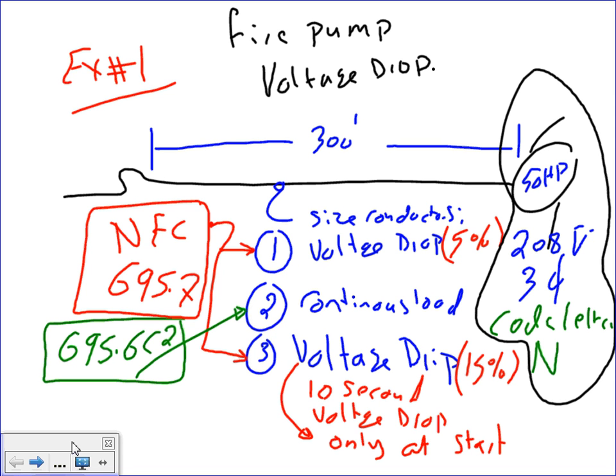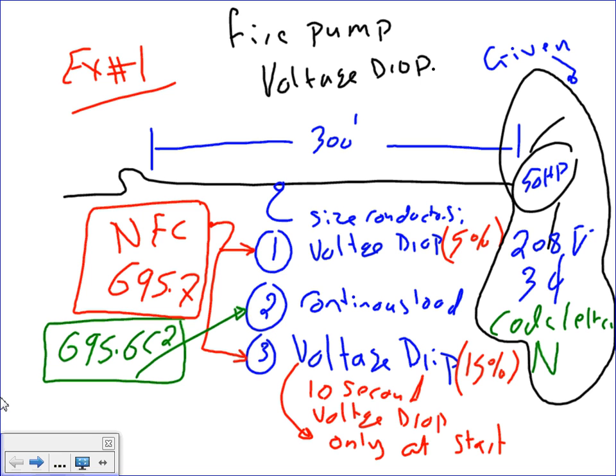We're given the 50 horsepower, the voltage, the phase, and the code letter, right on the nameplate. All this information is given. What do we need to find? At this point, we need just to size the conductor. Later on, guys, we're going to be sizing a lot of other stuff for the fire pump, but for the time being, just conductor.